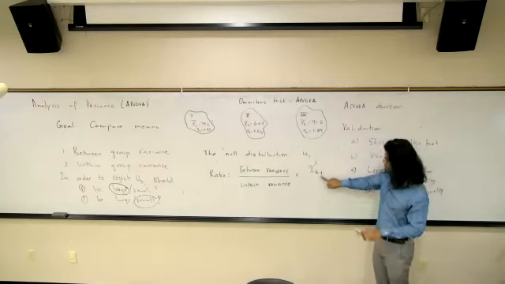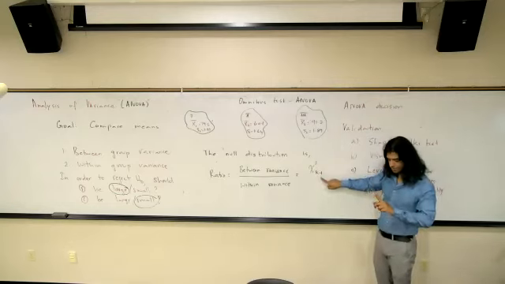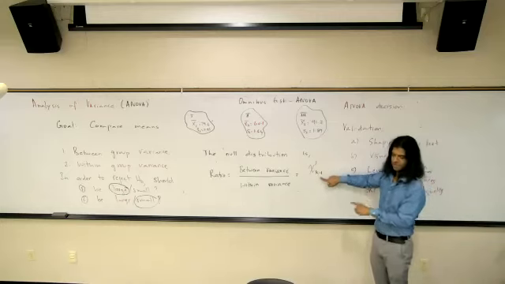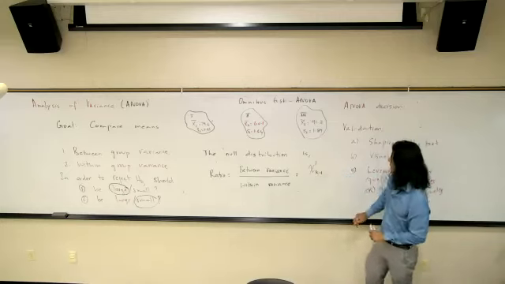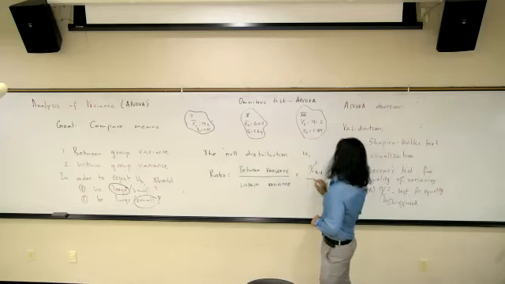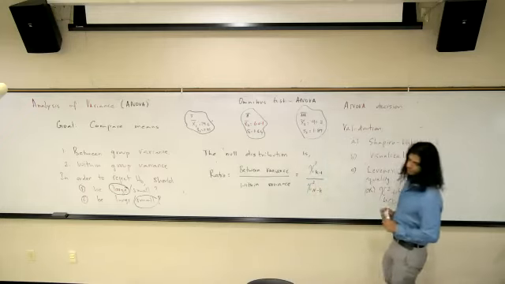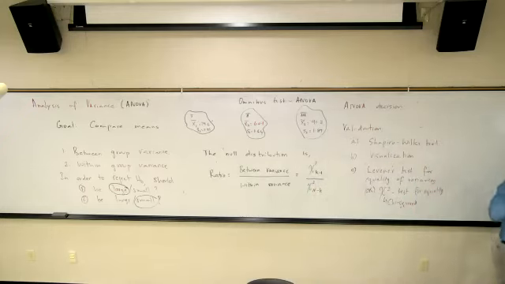Whatever value you divide by would be what goes here, and I'll tell you what that is. The denominator will be N minus K. Good.